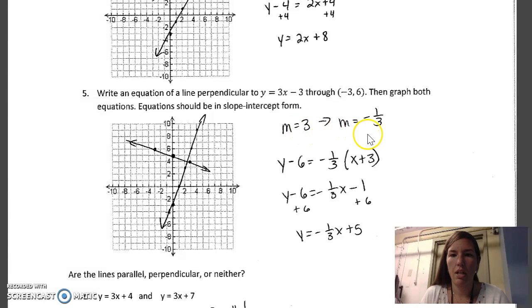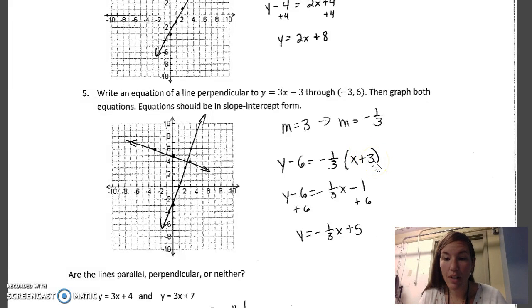So you take 3 and you change it into -1/3. Take the point they gave you, (-3, 6), and the slope that you found, -1/3, and you plug it in. That way you have point-slope form, and you can change it into slope-intercept form. Again, distribute the -1/3.